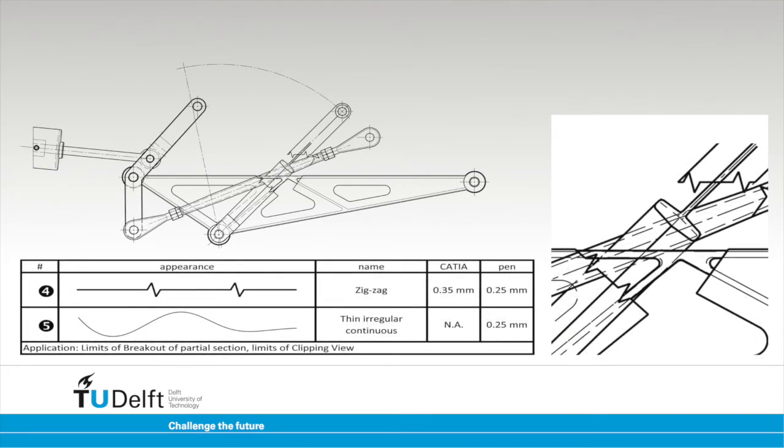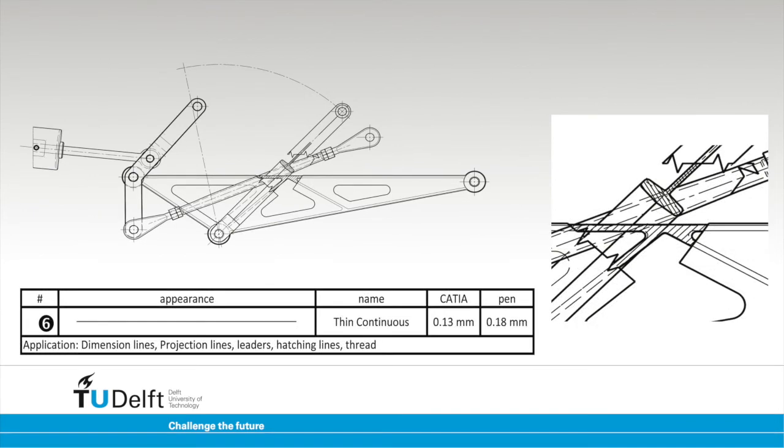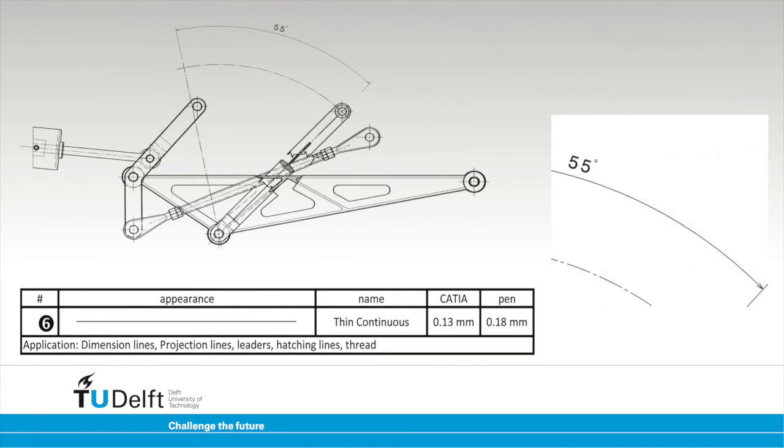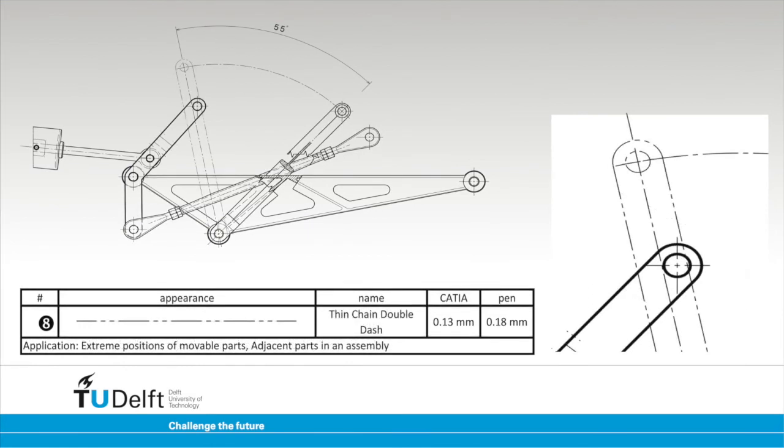A partial section is used to illustrate some of the assembly's internal features. It is delineated by lines drawn using the zigzag line type. The sectioned parts are hatched using thin continuous lines, the line type which is also used for the 55-degree dimension. One of the parts is shown in its other extreme position, the outline of which is drawn using thin chain double dashed lines.